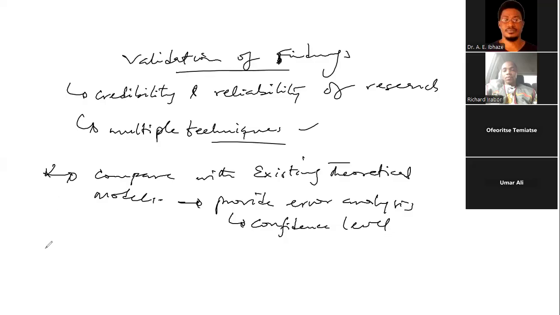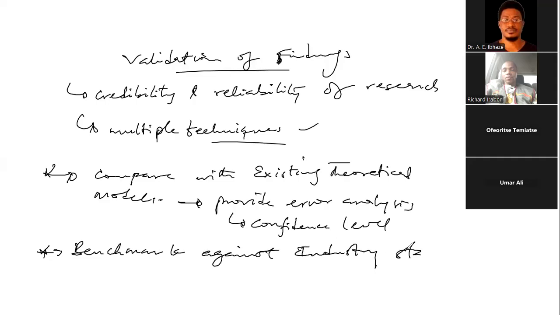Then afterwards, you now try to also validate with industry standards, okay? So you want to benchmark. So there is this development of a wireless parameter stuff for the measurement of solar irradiance and all of that I collaborated in.